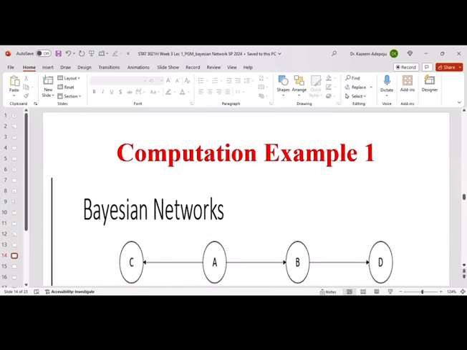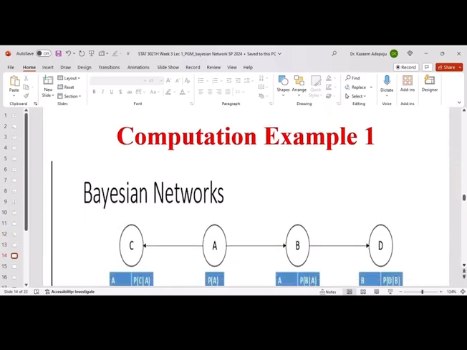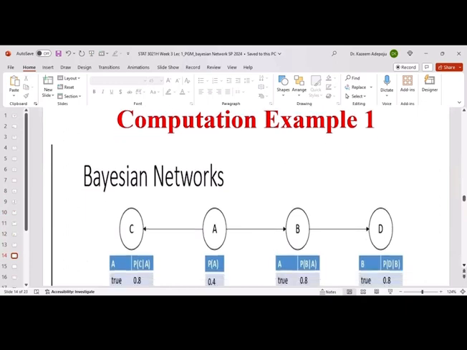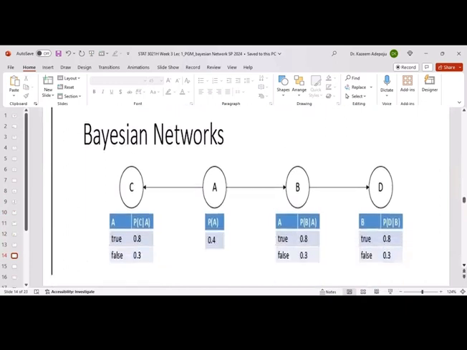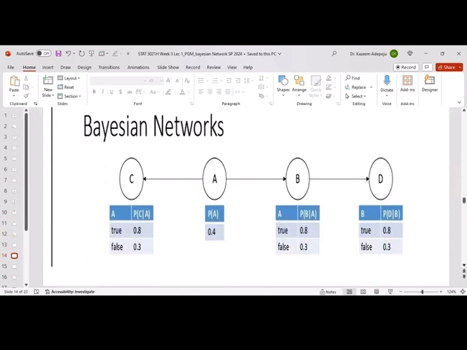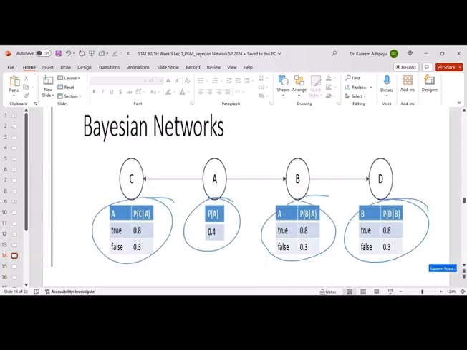We started a computational example, and I need you to pay attention. Now you're given this network. We have 4 nodes in the network, A, B, C, D, and of course the conditional probability tables are given. If you take a look at all of that, that is what we call the CPT.